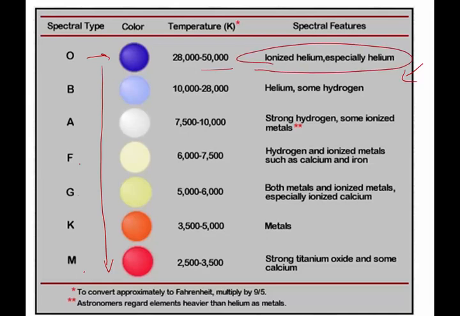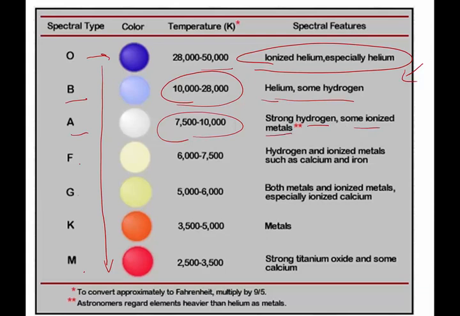They are fusing hydrogen into helium so fast that helium is the dominant element. B stars, 10,000 to 28,000, helium and hydrogen, not fusing hydrogen as quickly.